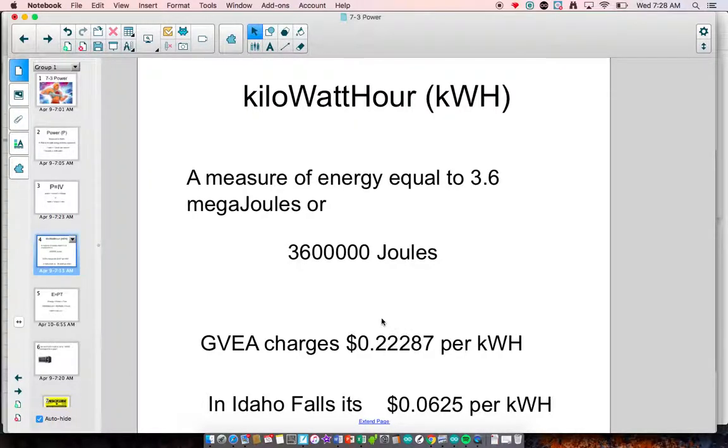Now, you'll notice here in Fairbanks and North Pole, Golden Valley charges roughly 22 cents per kilowatt hour. Fairbanks is very, very expensive in comparison to a place like Idaho that charges around 6 cents per kilowatt hour. Unbelievably, almost 4 times the price as other states.